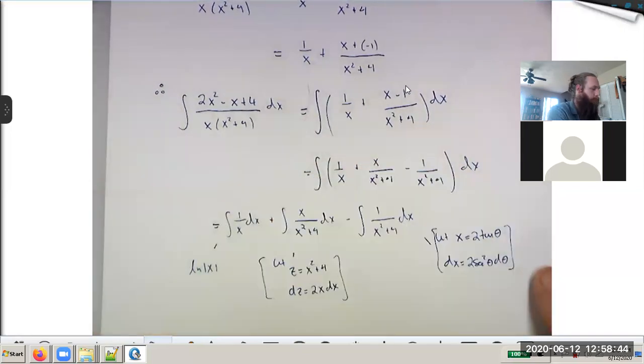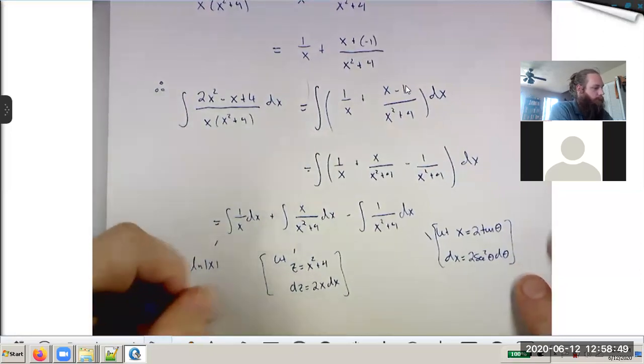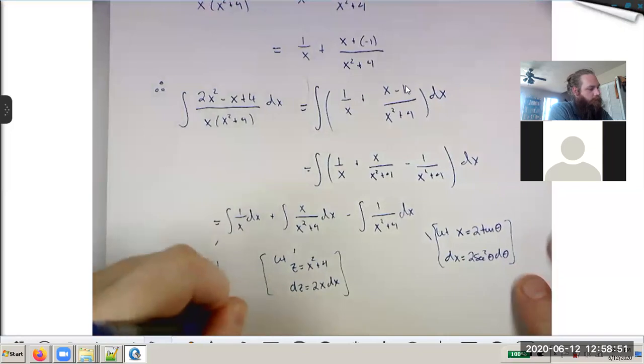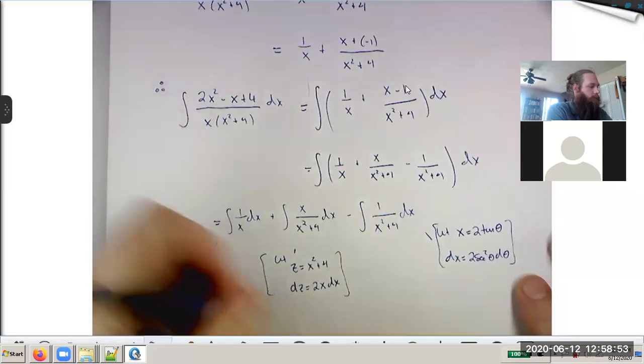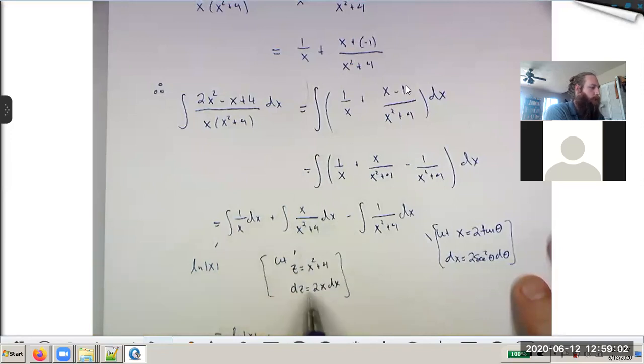Kitty cat, I swear if you jump up here. So what do I get? I have ln absolute value of x plus, when I do this substitution in this integral, my denominator is just z, and my numerator x dx is 1/2 dz.